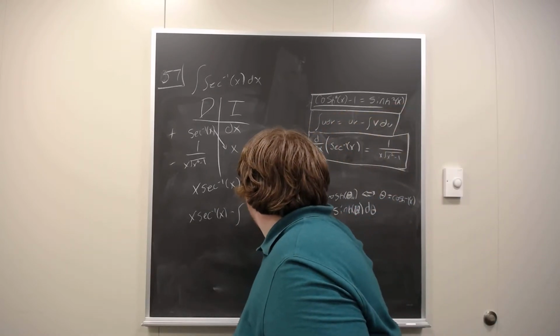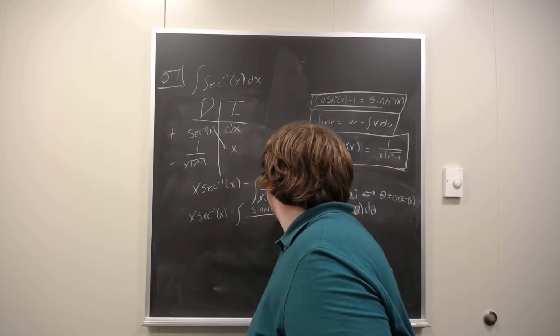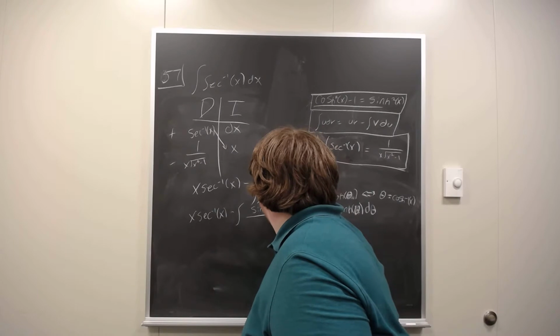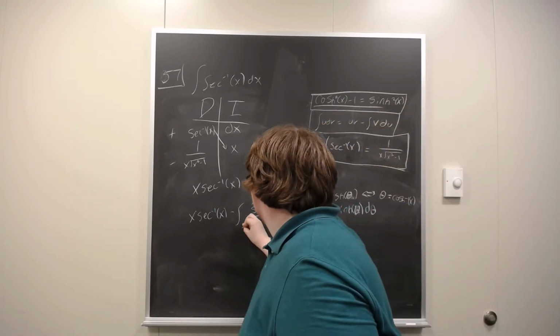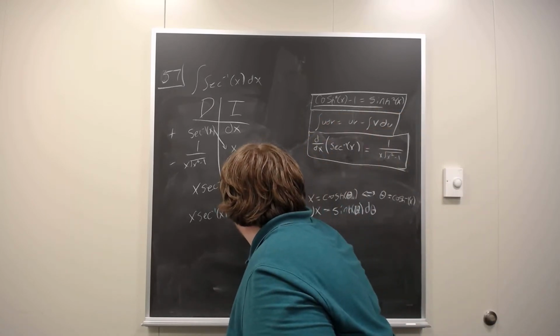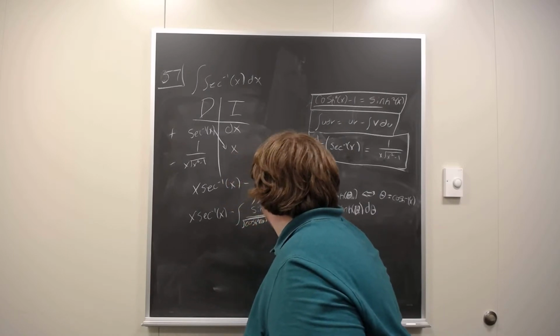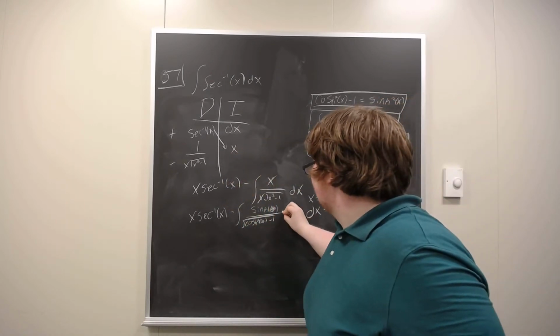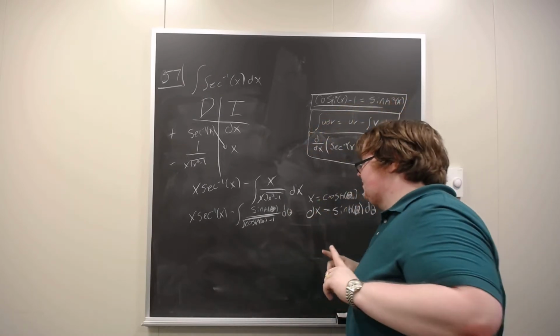So we're going to put sinh theta on top. On the bottom, we're going to have the square root. We let x be cosh theta, so we're going to have cosh squared theta minus 1, and we have to factor d theta.